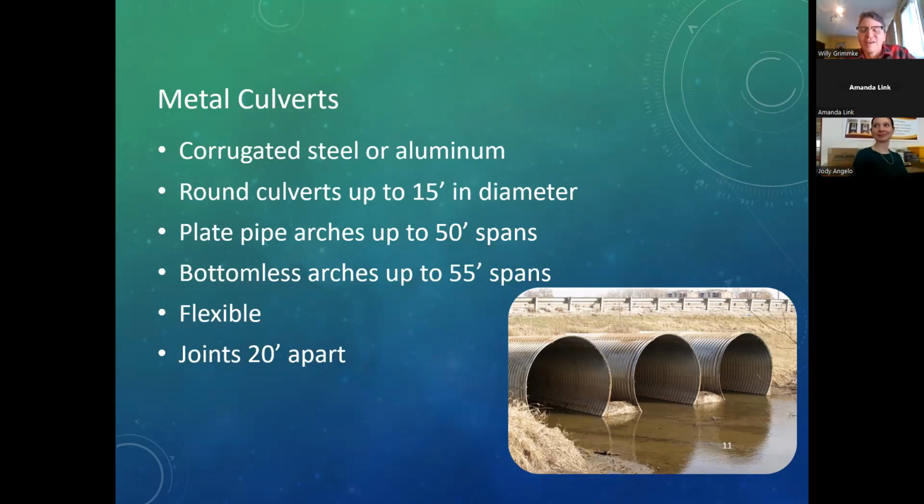But this is a culvert constructed structure. Now, metal pipes can be corrugated steel or corrugated aluminum. Round ones go up to 15 feet in diameter. Plate arches, you can get up to 50-foot spans, and bottomless arches up to 55 feet.